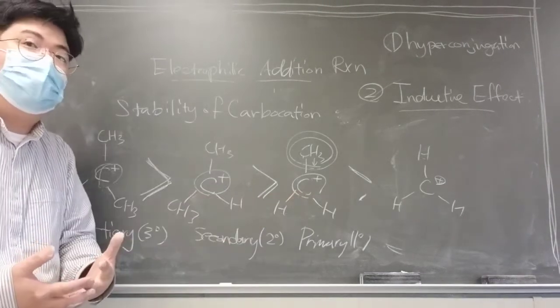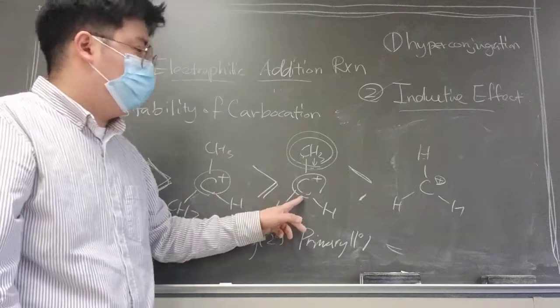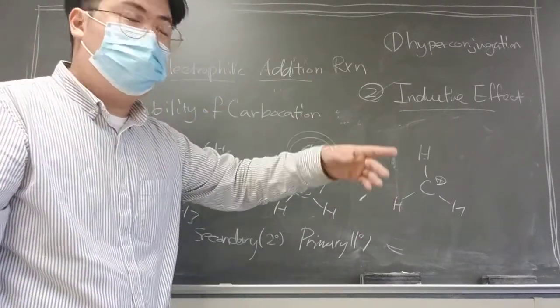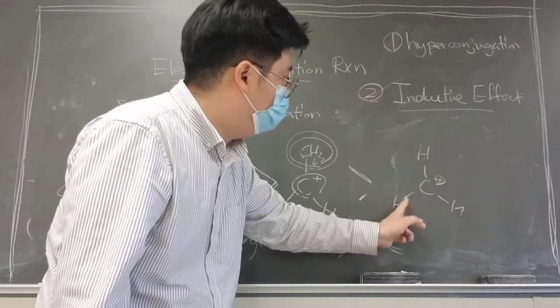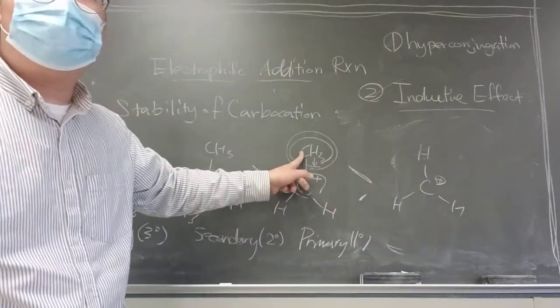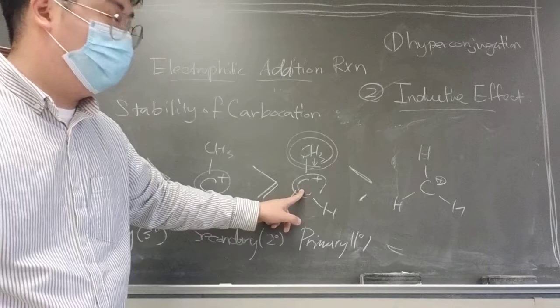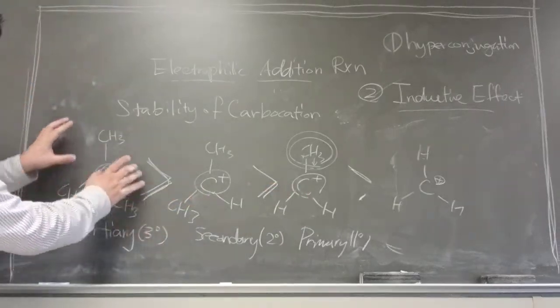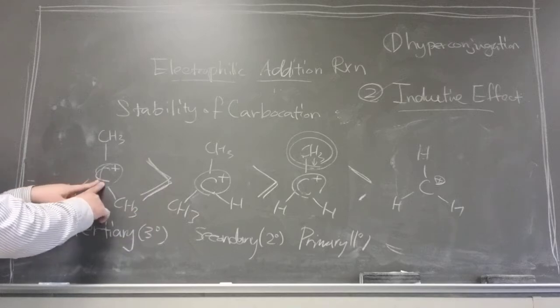This will become more stable. It's all about relatively speaking: compared to hydrogen, carbon is a better source of electrons around this one, right? That is why if you have more R groups, we would have a more stable carbon cation.